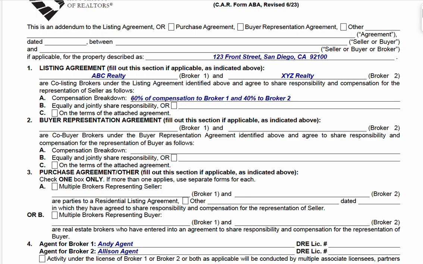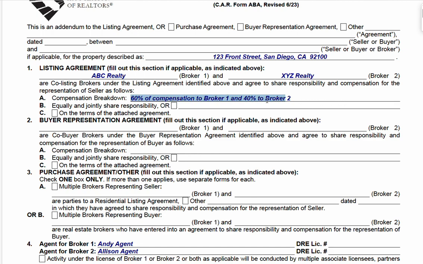Now, this is an absolute minimum because this is actually quite complicated if you really think about it. So what duties? If both brokerages are each doing an equal amount of work, shared responsibility, shared duties, shared expenses, then you could write: all compensation, responsibilities, and expenses to be shared equally between brokers.